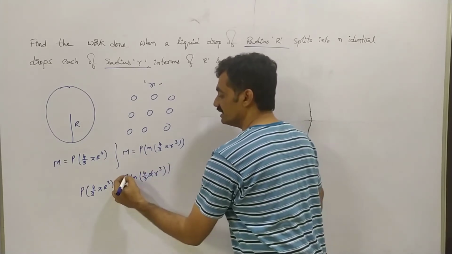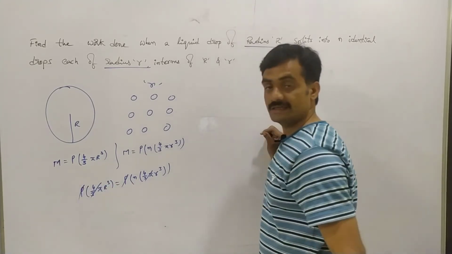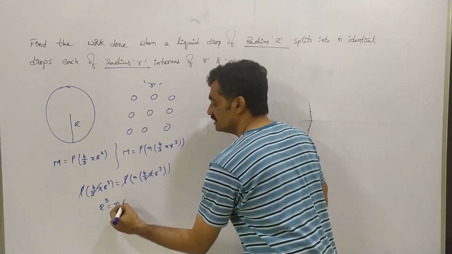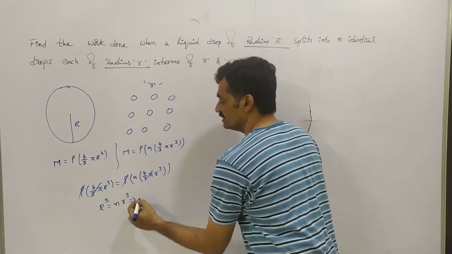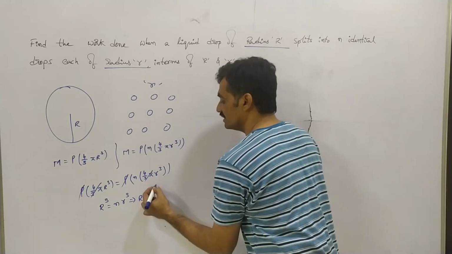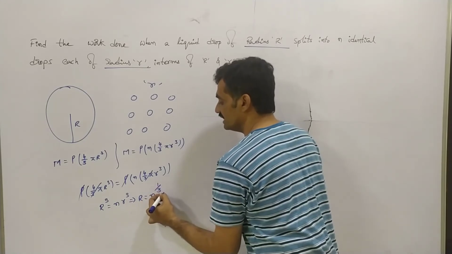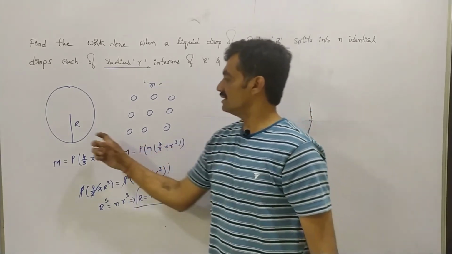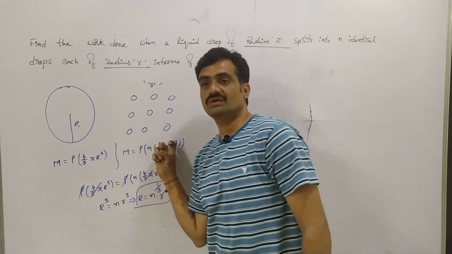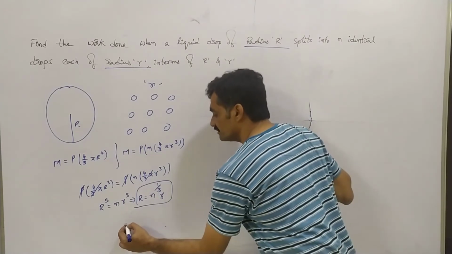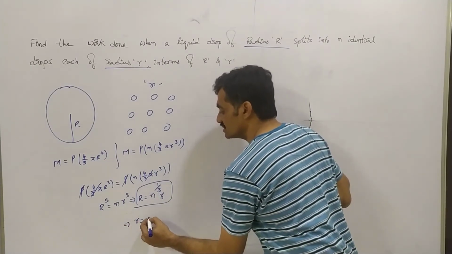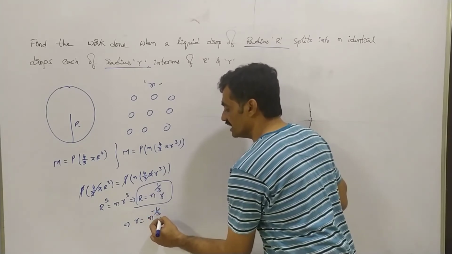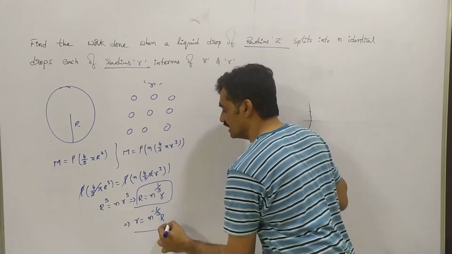So here 4 by 3 pi as well as rho gets cancelled. Observe that R cube is equal to n into r cube. From here R is equal to n to the power of 1 by 3 into r. This shows the relation between bigger drop and smaller drops. From here we can also represent small r is equal to, when we bring it towards the side, n to the power of minus 1 by 3 into R.